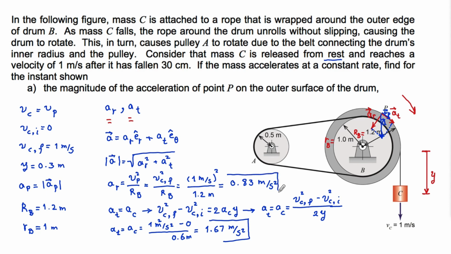And this is for AR. We just need to plug into this equation. So the vector of acceleration of point P will be 0.83 meters per second squared e_r hat plus 1.67 meters per second squared e_theta hat.